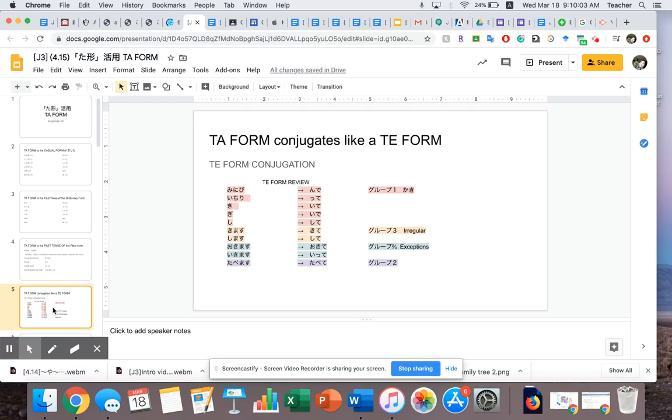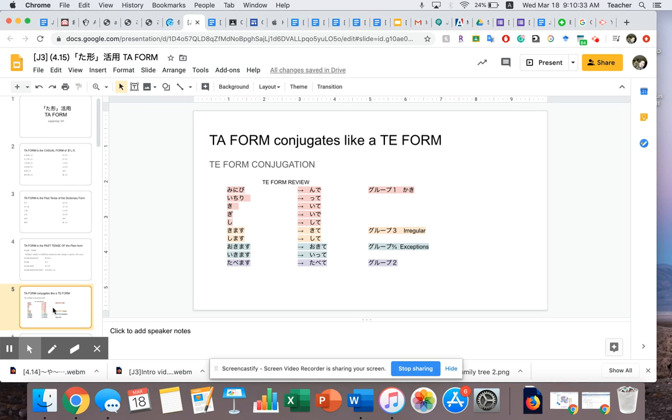Now, the group 1s, if you remember, if you drop the masu, the verb stem is 2 or more characters, and the stem ending always is an e sounding character. So that's group 1. Group 2, when you drop the masu, the verb stem is 2 or actually 1, so it could be a single stem. But for the ones with 2 character stems, usually or always, the ending is an e ending, right?